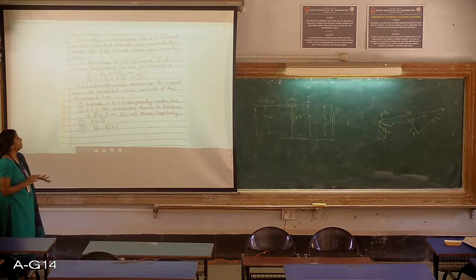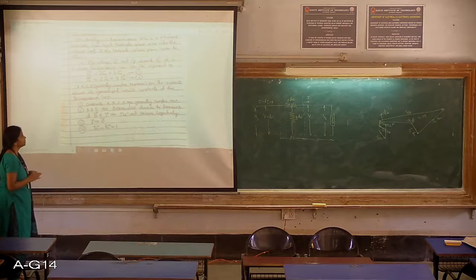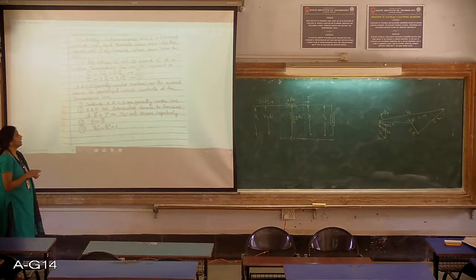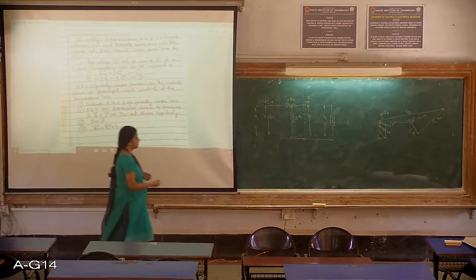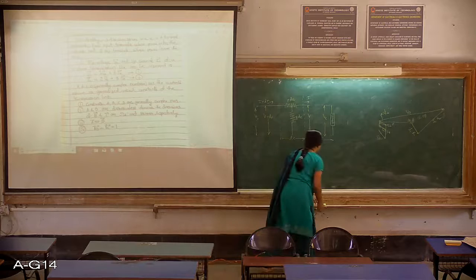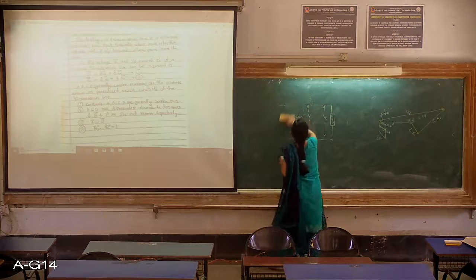Sending end voltage Vs is A VR plus B IR, and sending end current Is is C VR plus D IR. Two very important expressions. Based on this we are going to write the ABCD constants for all the lines that you have studied.